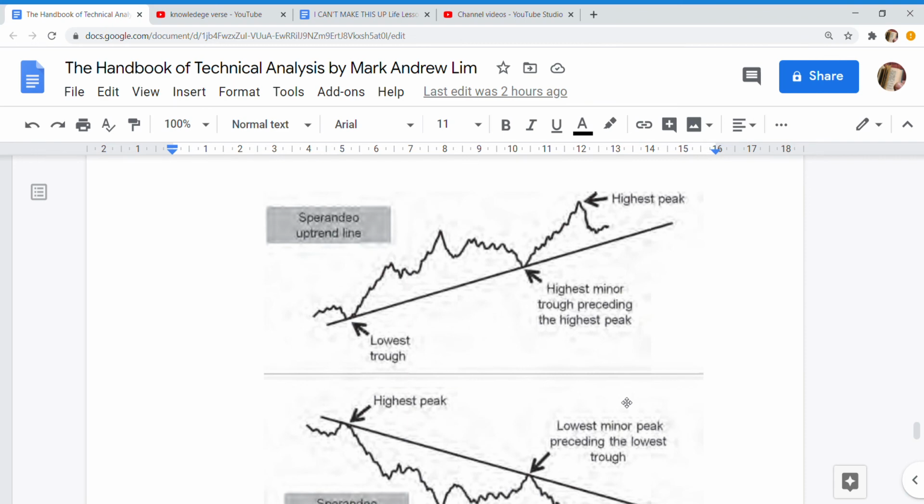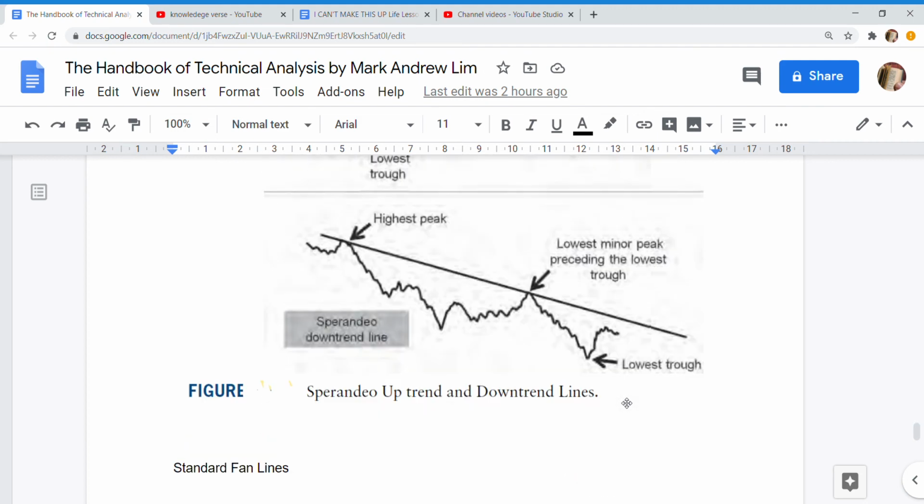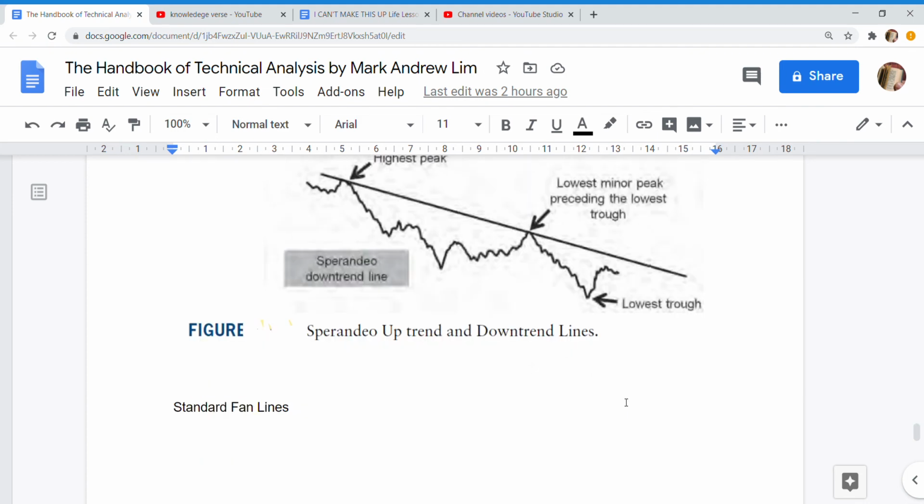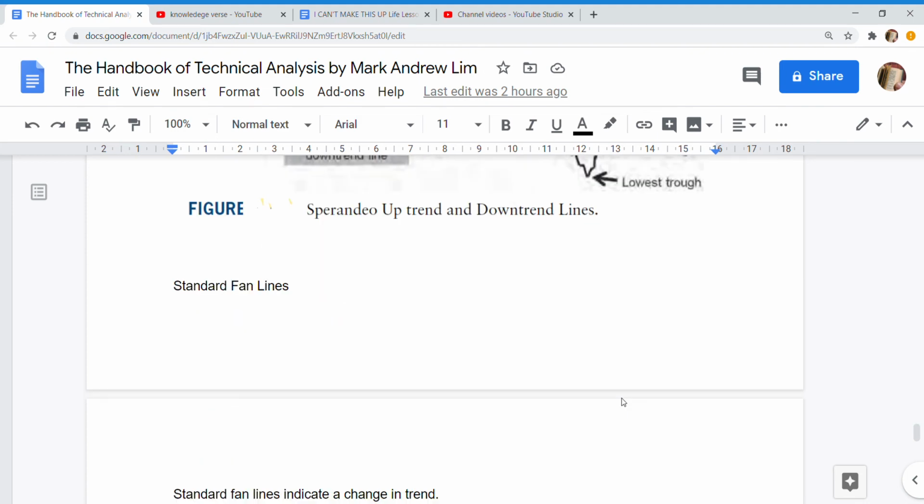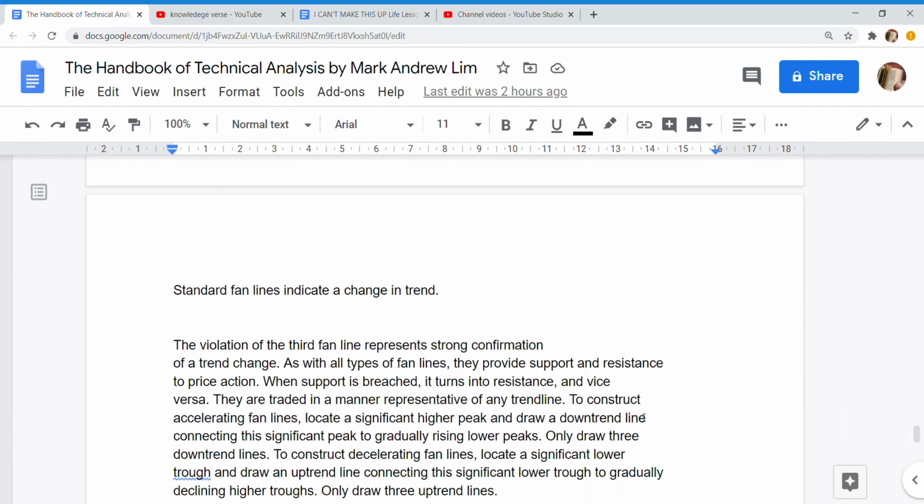Standard fan lines. Standard fan lines indicate a change in trend.